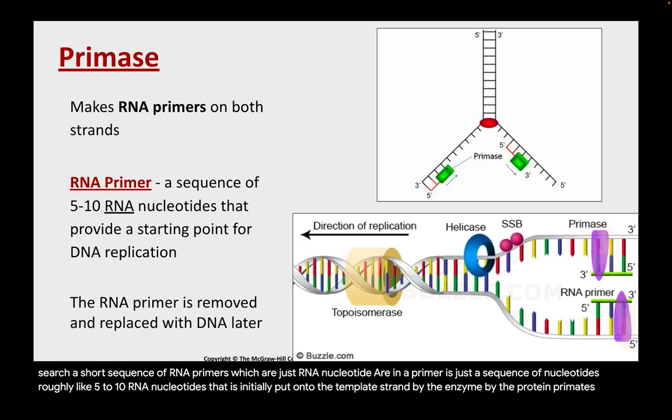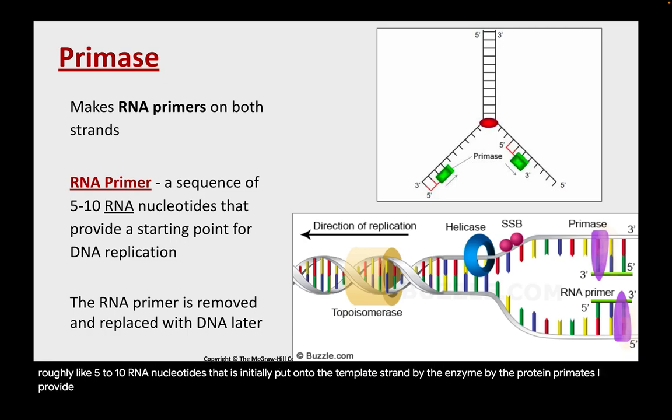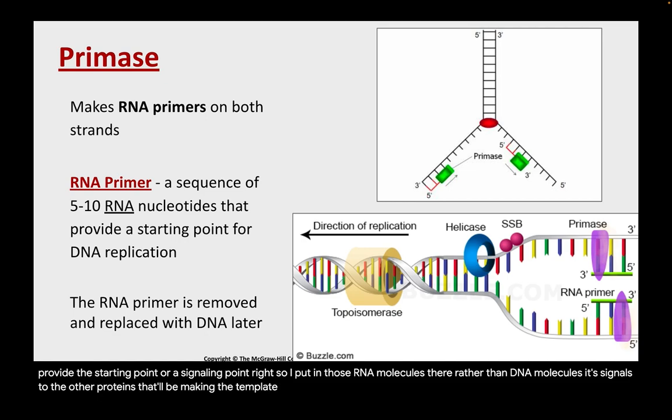Right? This kind of provides a starting point or a signaling point. By putting those RNA molecules there rather than DNA molecules, it signals to the other proteins that will be making the daughter strand that it needs to start making that strand at this specific part of the DNA.